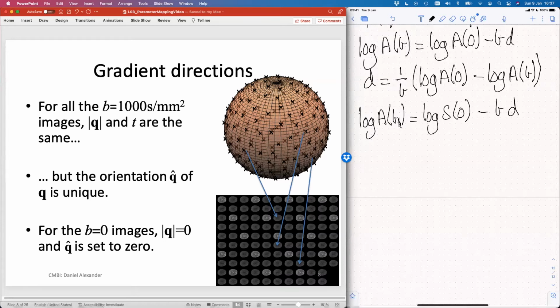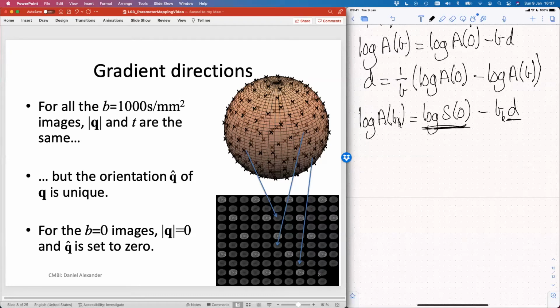There's D, the thing that we're actually interested in, and there's log S0. Although we can make a measurement A0, that's obviously a noisy measurement of the signal S0, and the signal itself remains an unknown that we're going to try and estimate. It's actually kind of a nuisance parameter in this situation. We're not particularly interested in the value of S0, but we need to estimate it in order to estimate the thing that we are interested in, which is D.